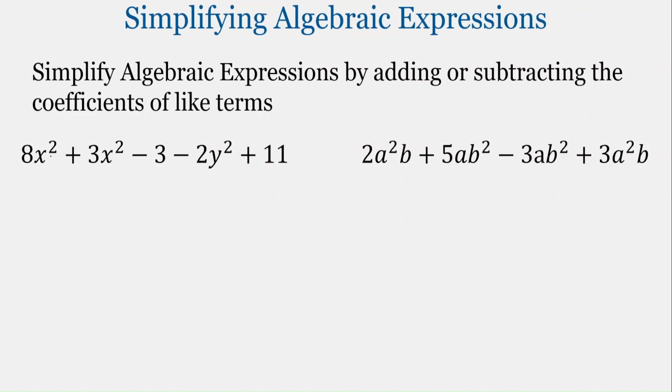In this third problem, we have x raised to the second power, so x squared. We also have a y squared, and then a couple constants. So let's go ahead and group our like terms. We'll have 8x squared plus 3x squared minus 2y squared minus 3 plus 11.